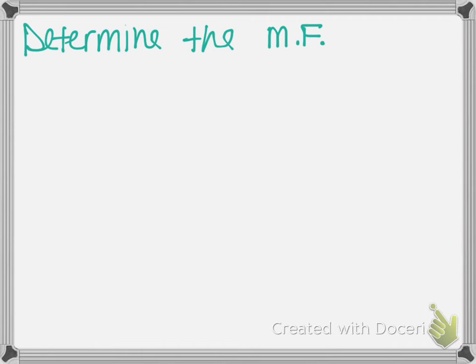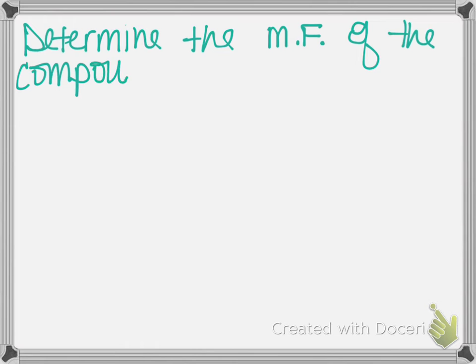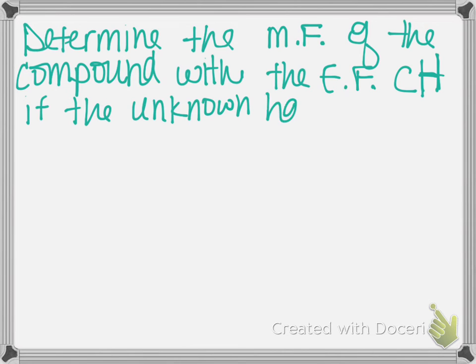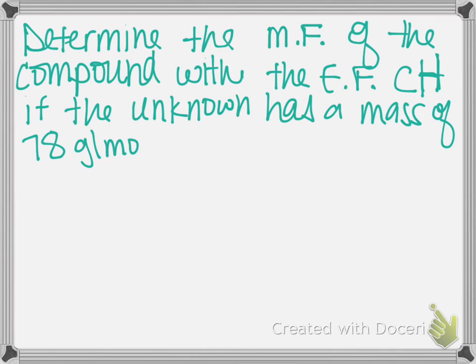Determine the molecular formula of the compound with the empirical formula CH if the unknown has a mass of 78 grams per mole.